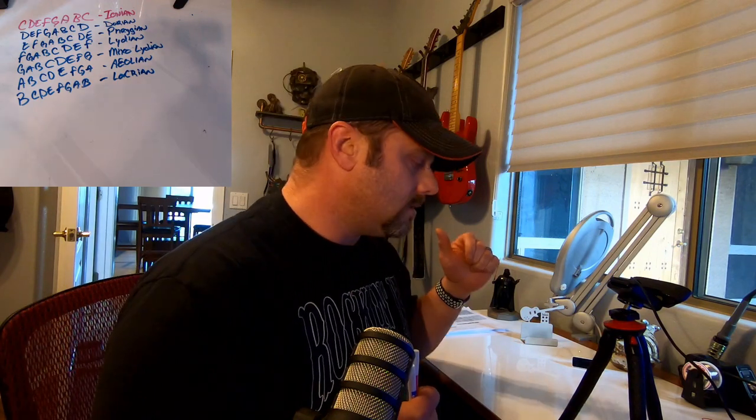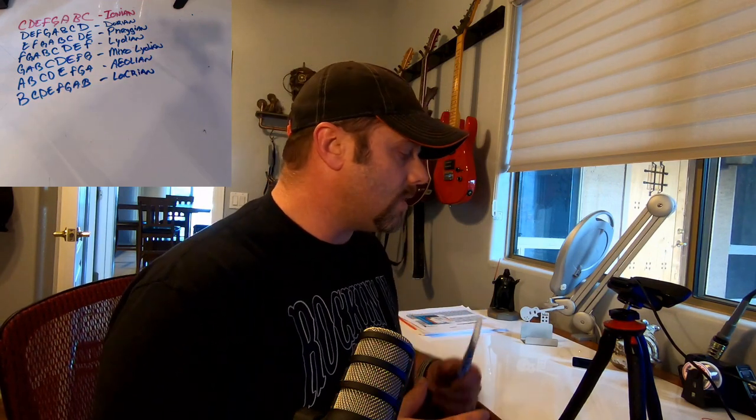So now what does all this mean? All right, let's look at things based off of their parent major scale. All right, this is the best way to look at modes. Right, it's at least in a usable sense. Let's see what's happening here. All right.